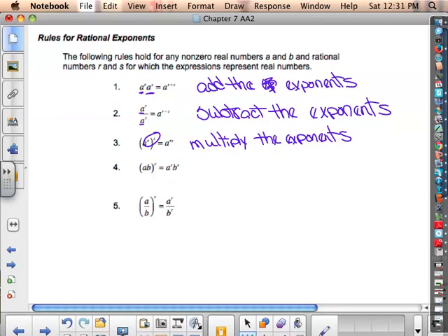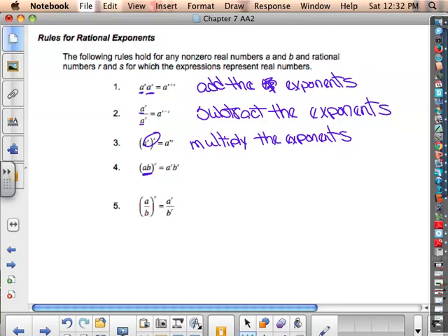Also, when we have bases that aren't alike, when we have the product of bases raised to a power, that's the same as raising each base to the power and then multiplying. So the product of the bases to a power is the same as the product of the powers of the bases.